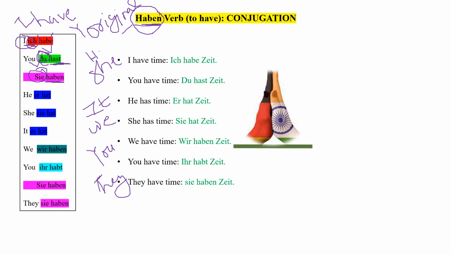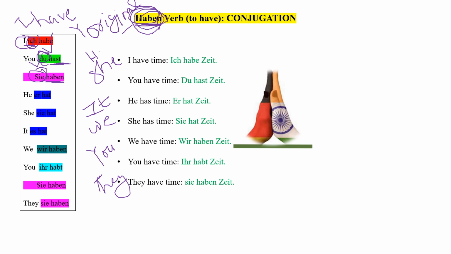Hope you understand that in German the verb is conjugated as per the subject. So haben is the original form of the verb. In the case of ich, it becomes ich habe. In the case of informal you, it becomes du hast. If it is formal, Sie, then it will be haben, the same original form of the verb.